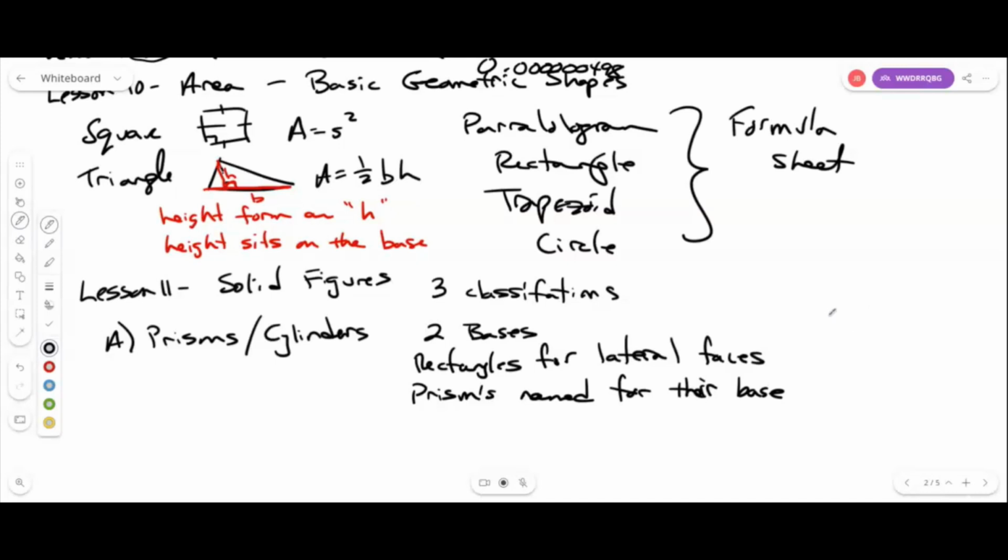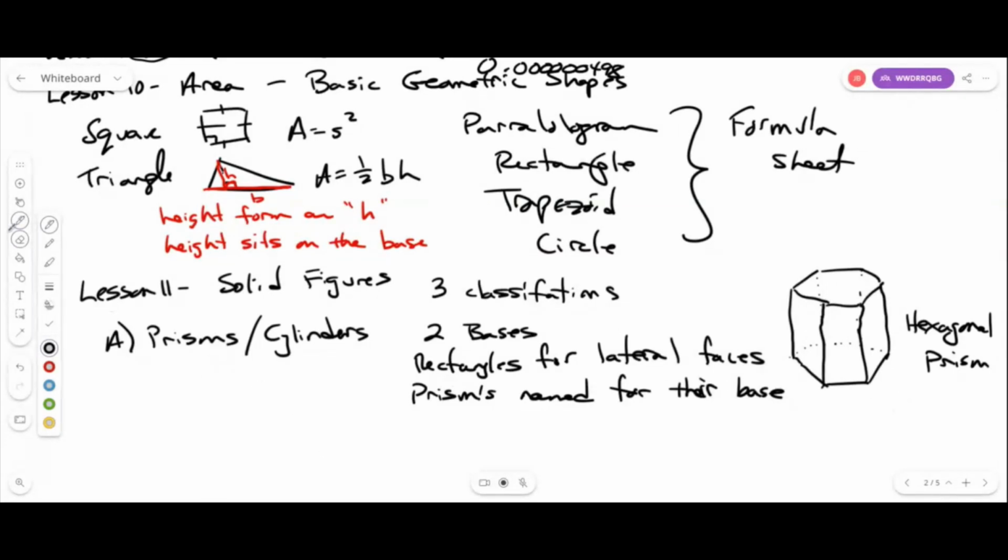So you might have a hexagonal prism that has a hexagon for the top and the bottom.